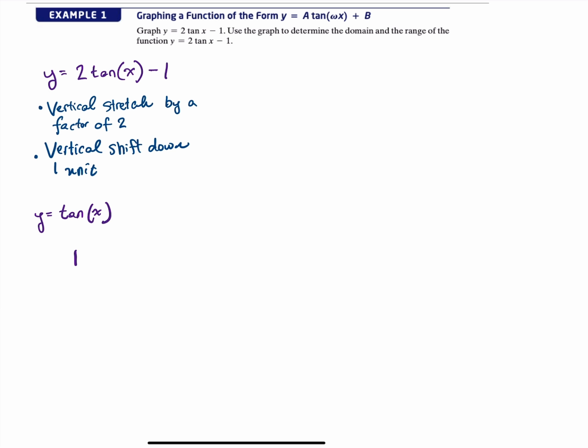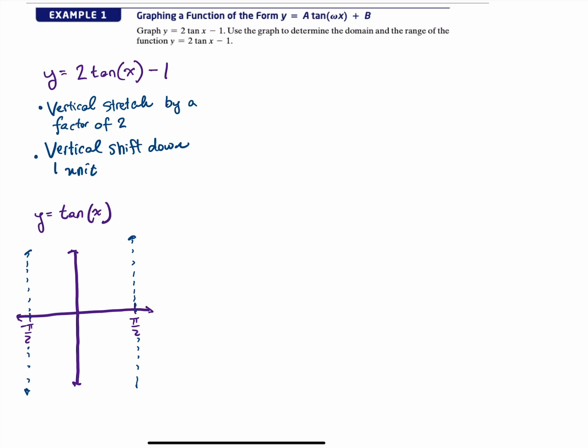So I know my tangent, I'll just look around the origin. And I recall we had asymptotes at pi over 2 and negative pi over 2. So that's usually the first thing I place. That will help orient me where the tangent curve should be.